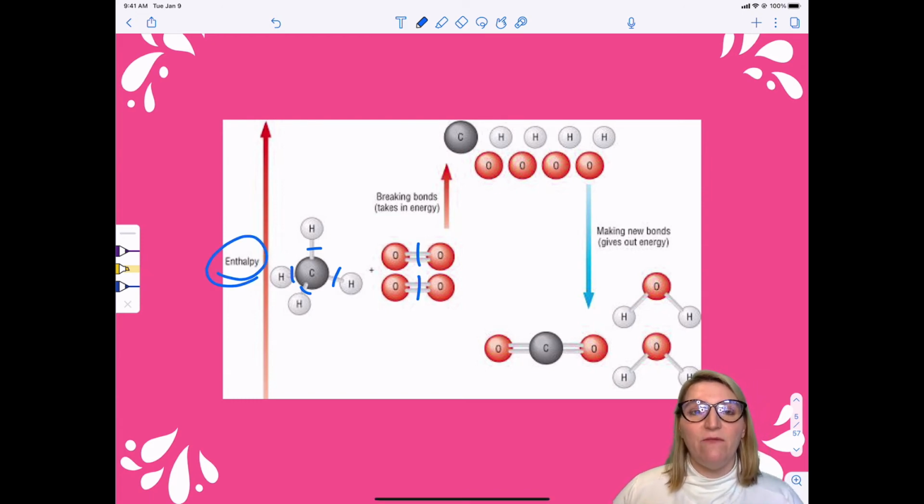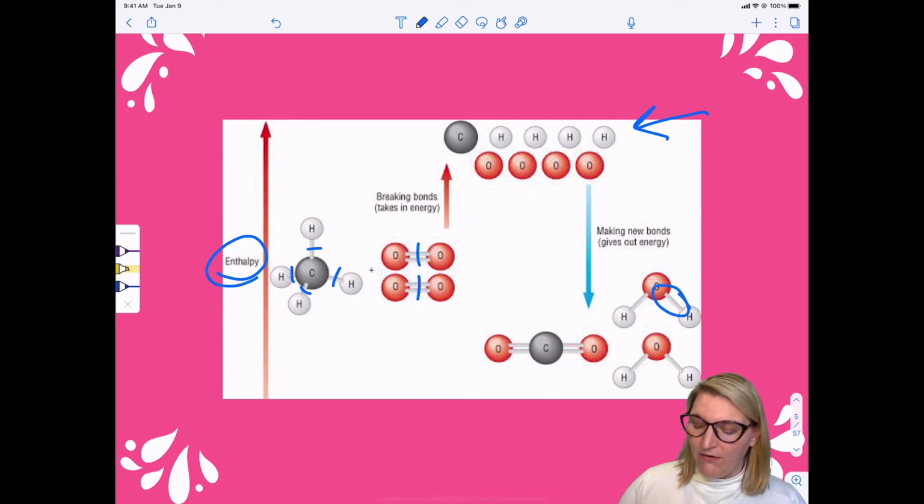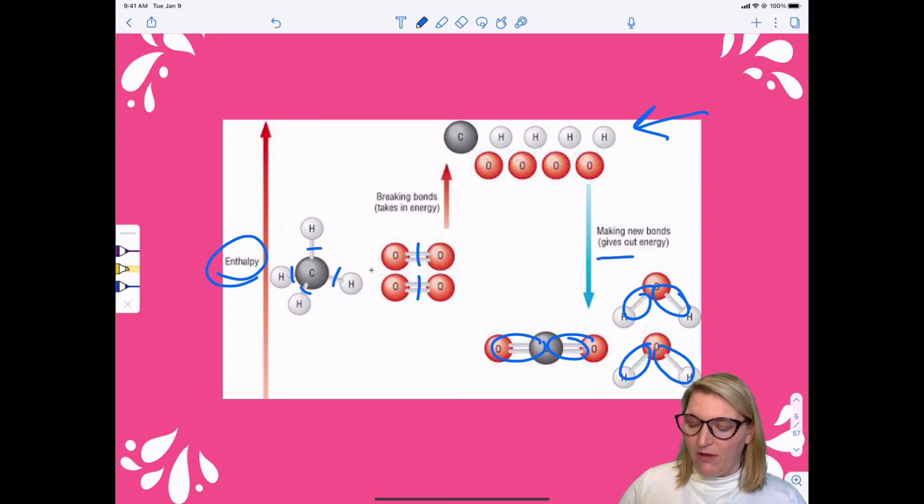And then we have very unstable elements without their full octet up there. And then new bonds come together, right? And these are the new bonds that are formed. And wherever we make bonds, energy is released. And overall, if we look at the difference between the energy in and the energy out, that could tell us whether a reaction was endothermic or exothermic.